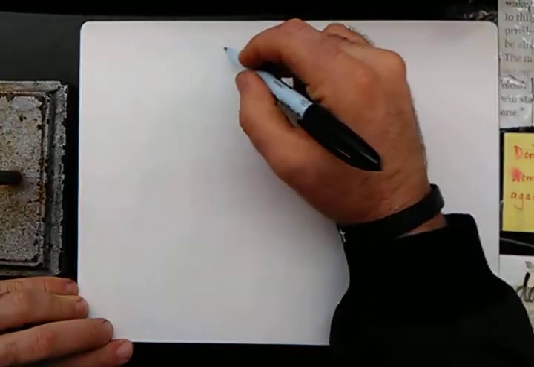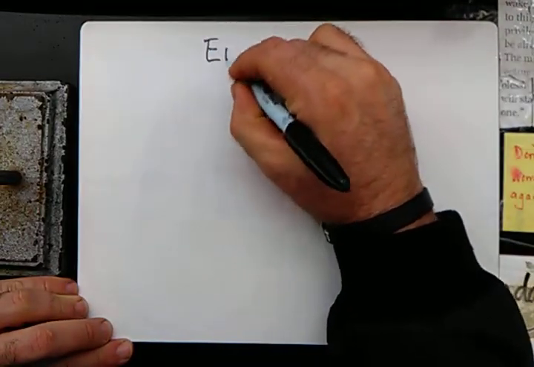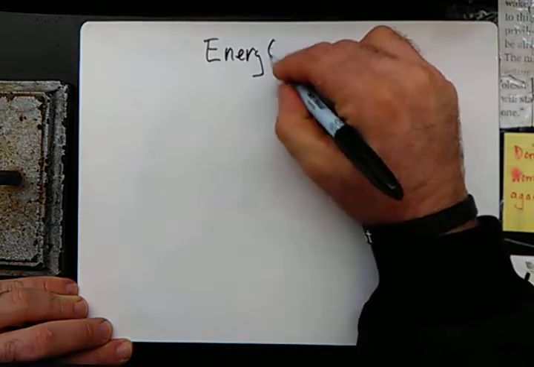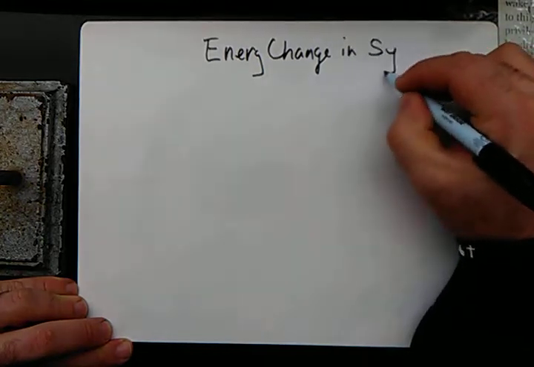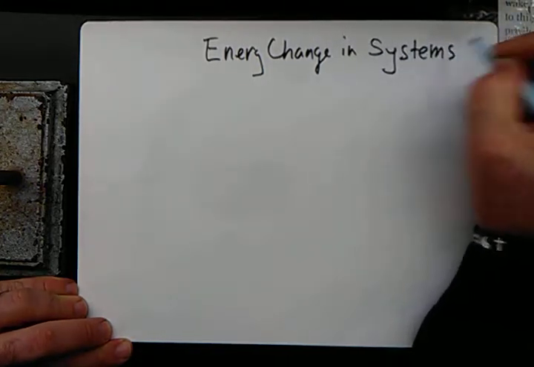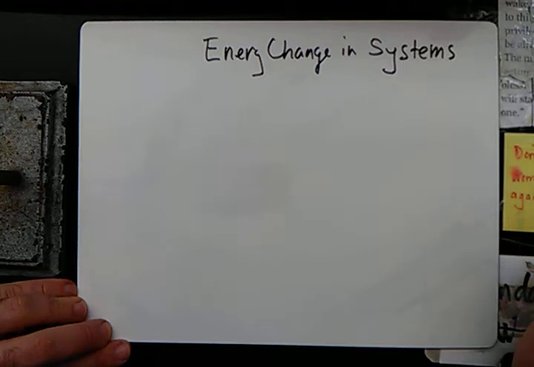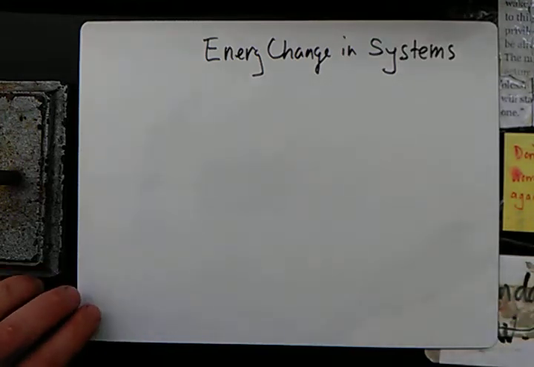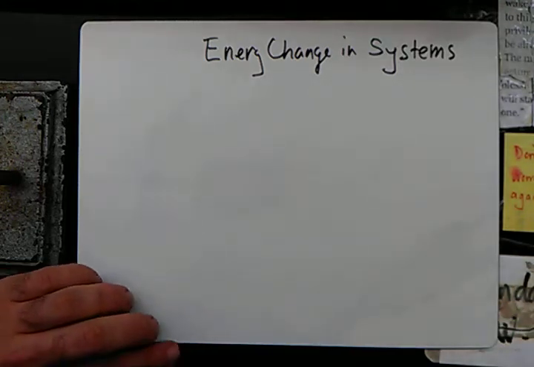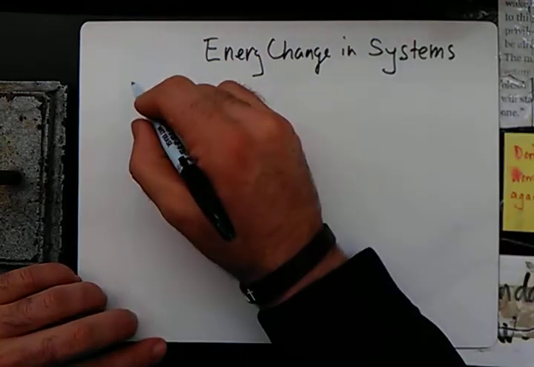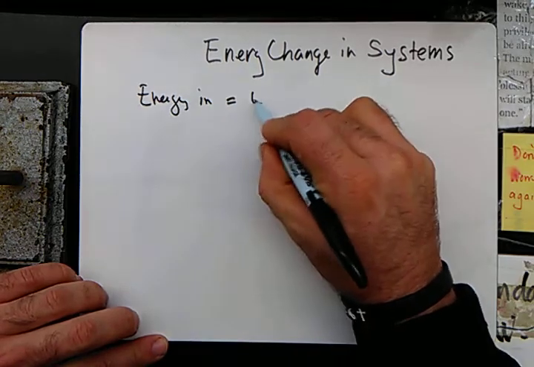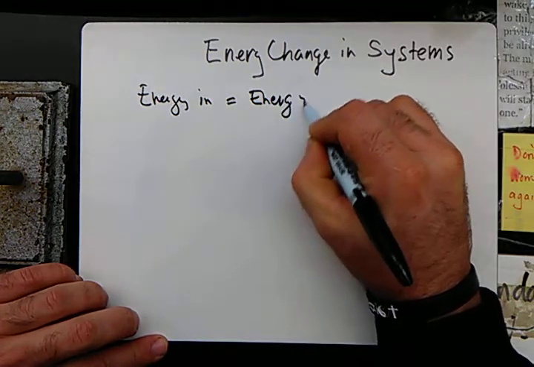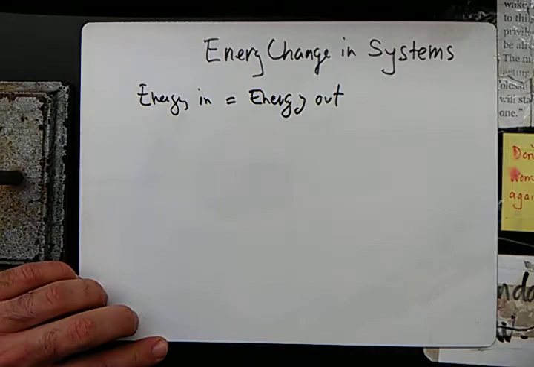So here we go with the energy. If I have a title here, I'll call it energy change in systems. Okay, so what we're going to look at is the fact that energy in equals energy out.